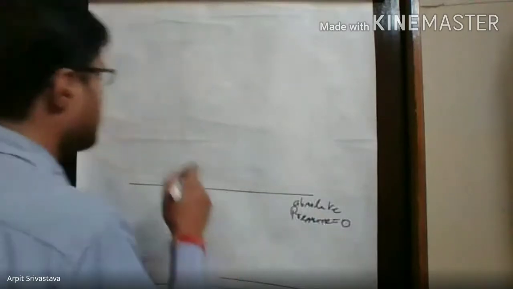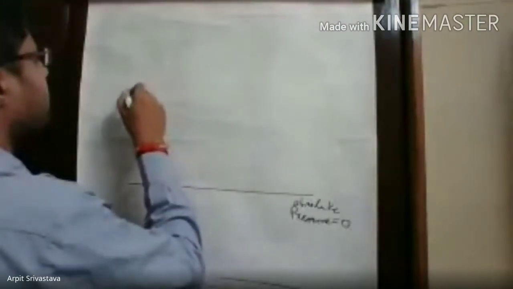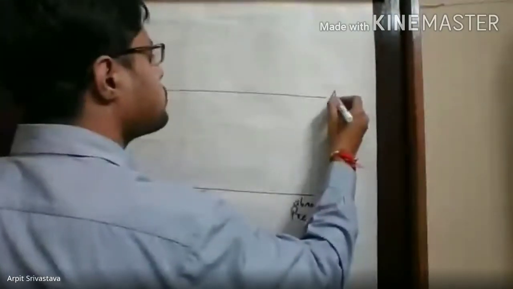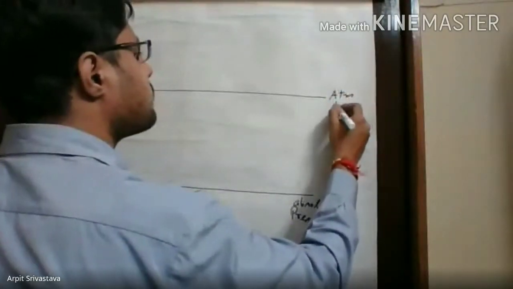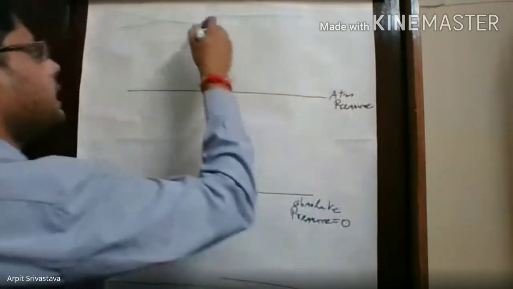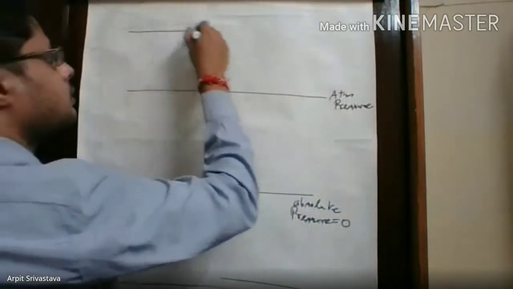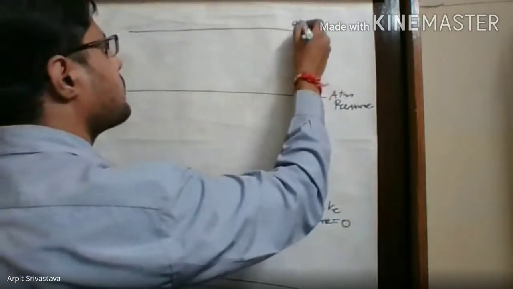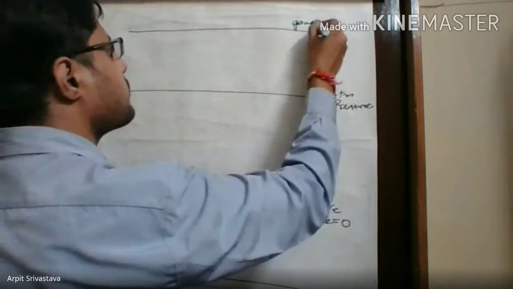And another line is atmospheric pressure, and one more line is representing gauge pressure.